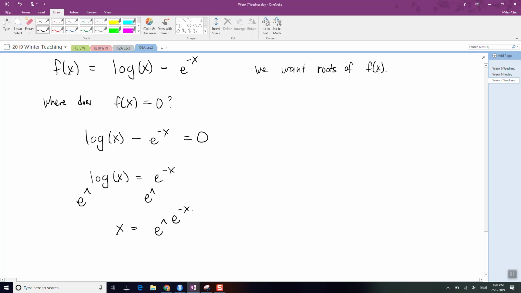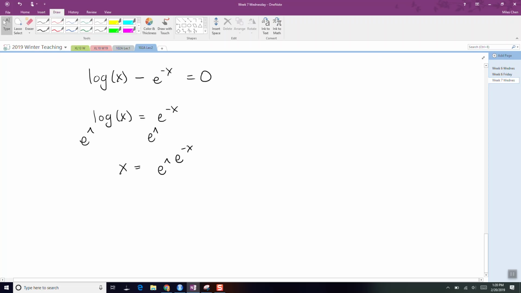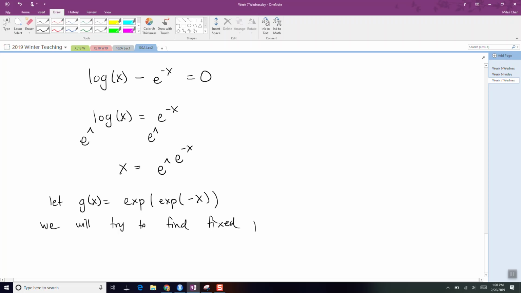Okay, and so what I'll do is I'll let g of x equal this part over here. I'll just rewrite it as exp of negative x. Okay, and we will try to find fixed points of g of x. Okay?